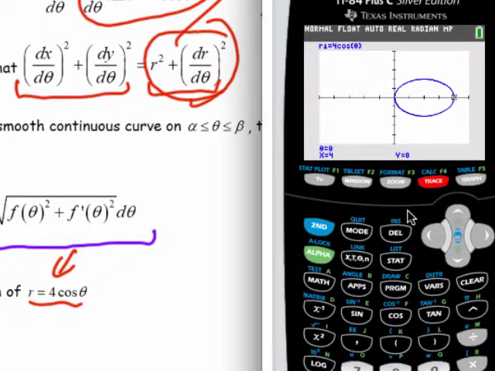Now let's just trace here, just to remind ourselves that the starting angle 0 is starting at this point, (4, 0). And we graphed all this by table previously. It's when the angle is at pi that we're back to the starting point. In other words, to get the arc length, we need to take our angle between 0 and pi radians.